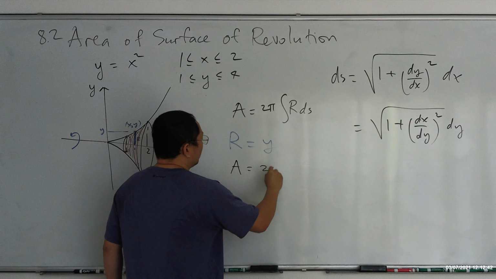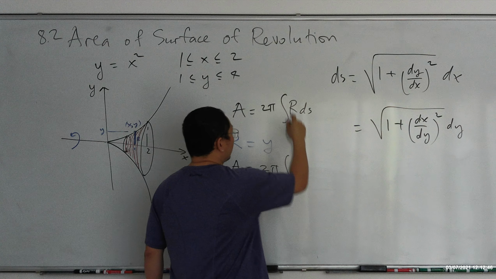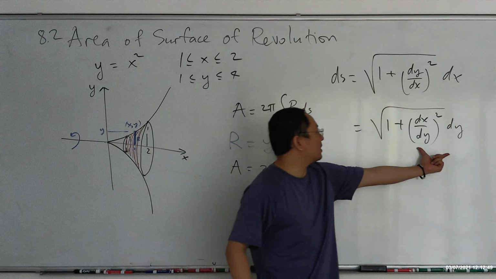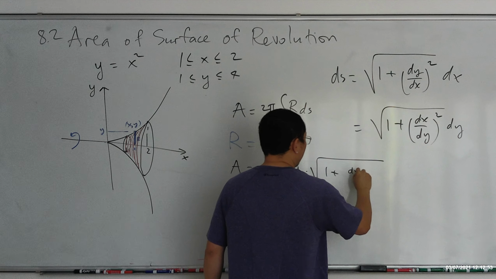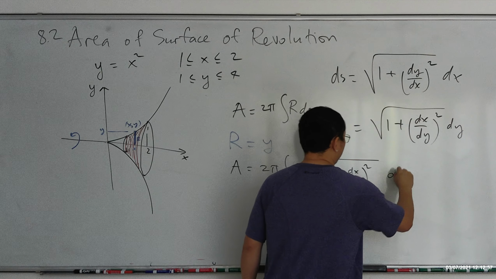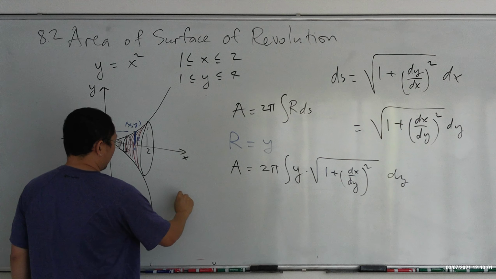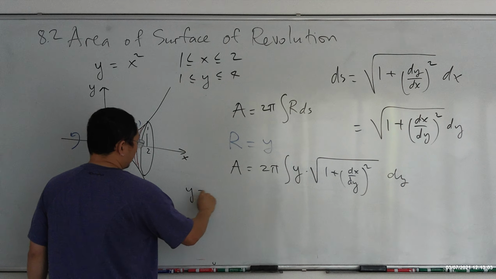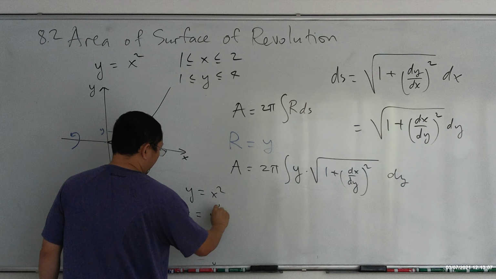Area is 2 pi integral y, because r is y. So for ds, I'm going to use this formula right here: square root of 1 plus (dx over dy) squared times dy. So I have to calculate dx over dy. We have y equal to x squared, or x equal to y to the 1/2.